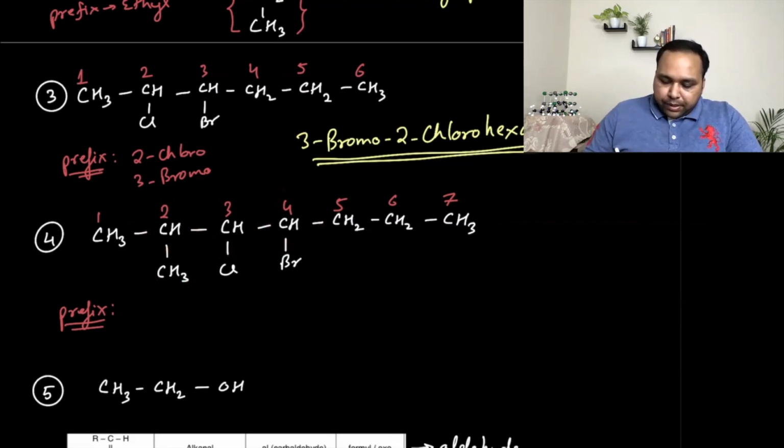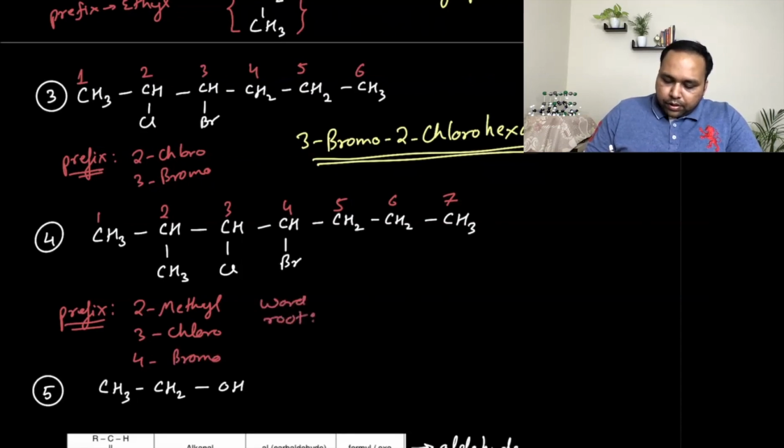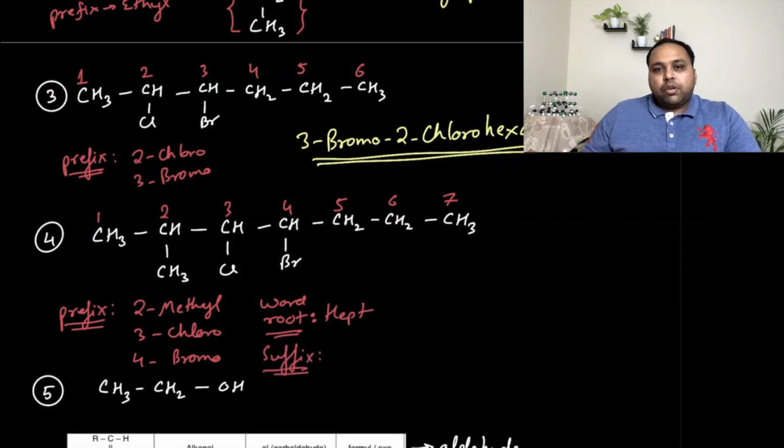So the prefixes will be 2 methyl, 3 chloro and 4 bromo. Okay, and what will be the word root? Because there are 7 carbon atoms, the word root will be hept. And what will be the suffix? Because there is no double bond or triple bond, the suffix will be ane.